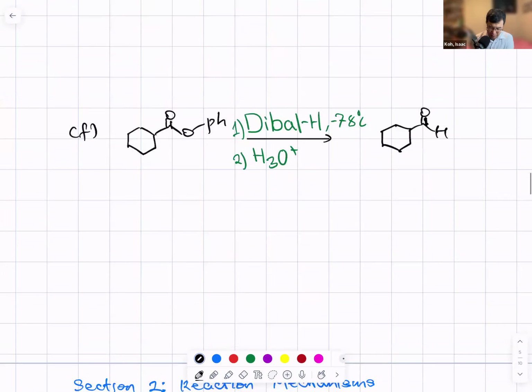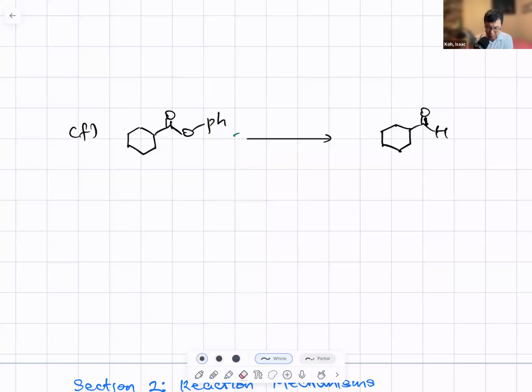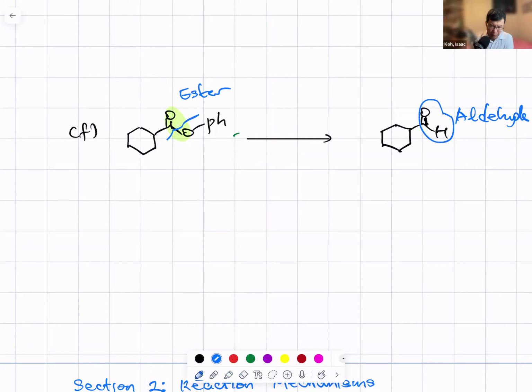Now let's see here. Let me erase this one. We are given an ester, and we are ending up with an aldehyde. So we need to convert this one into an aldehyde.